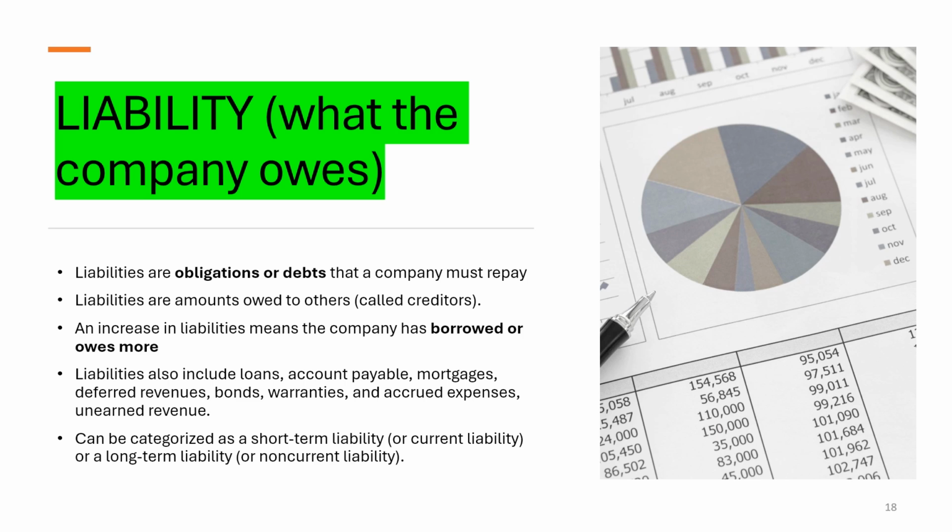Liabilities include loans, accounts payable, mortgage, deferred revenue, bonds, warranties, accrued expenses, and unearned revenues. They can be categorized as short-term or current liabilities, or long-term or non-current liabilities. So liabilities could be money or money equivalents, but can also be something intangible or non-money oriented items.